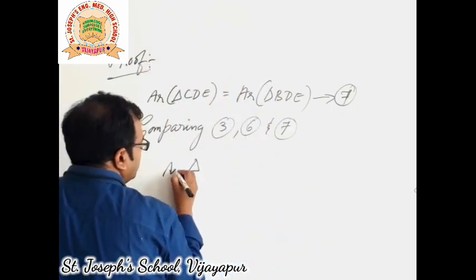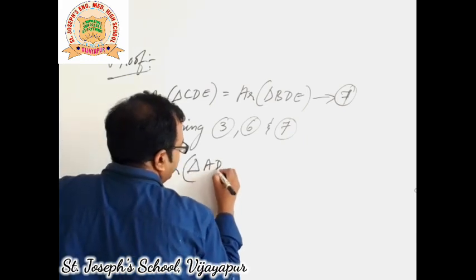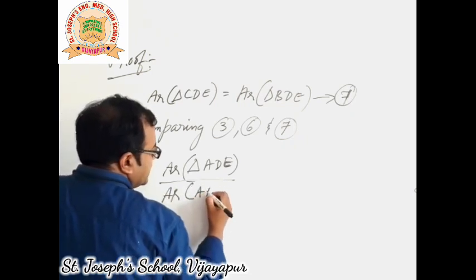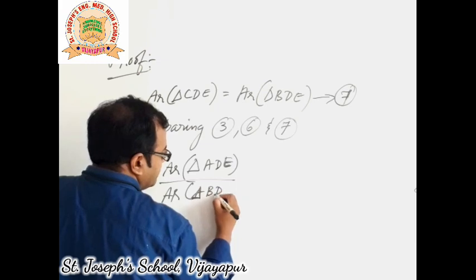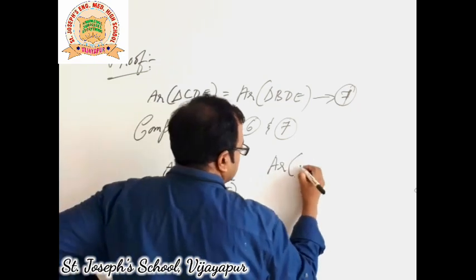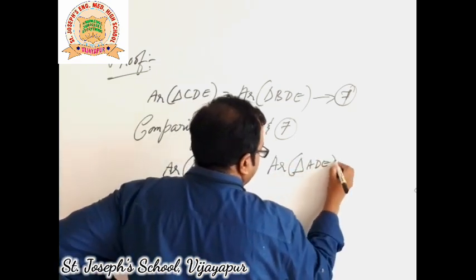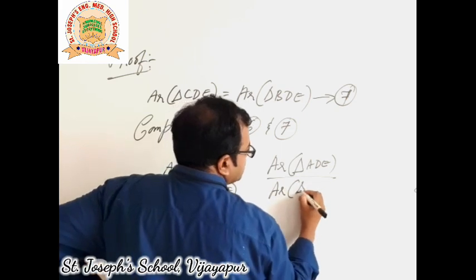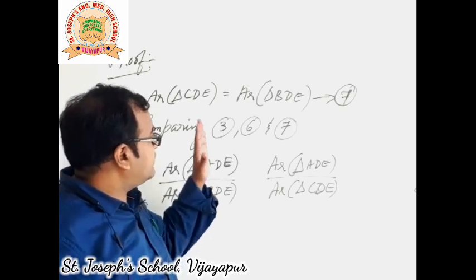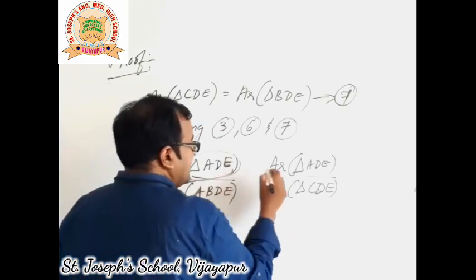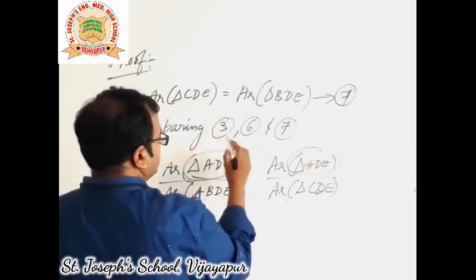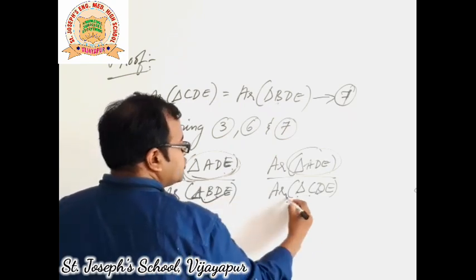Area of triangle ADE divided by area of triangle BDE, and, that is from 6 I am writing now, area of triangle ADE by area of triangle CDE. What about these two? I have taken the left hand sides of equation 3 and equation 6. Numerators are the same, area of the same triangles. And these two, from equation 7, we know that area of CDE is equal to area of BDE. So these two are also equal.